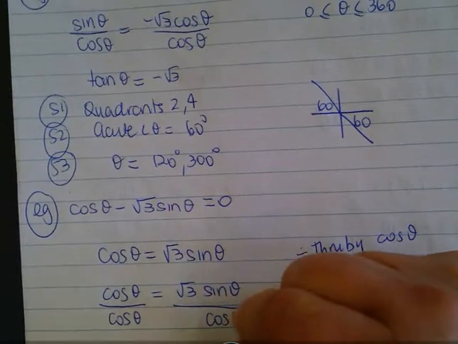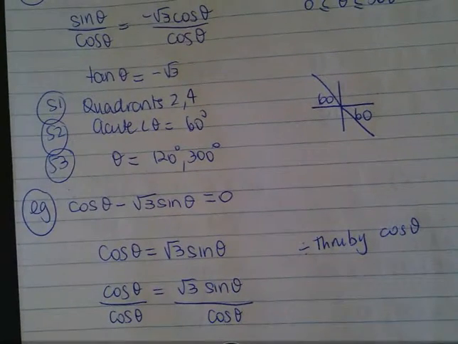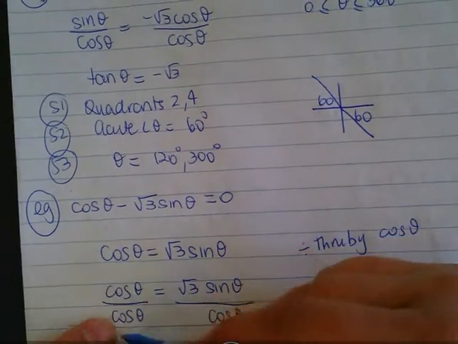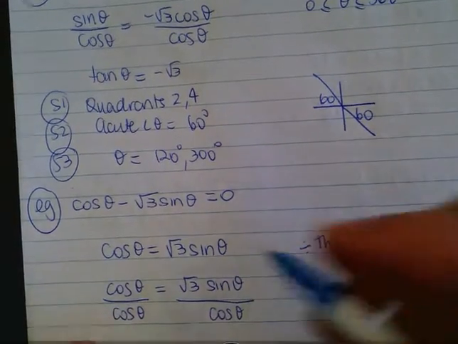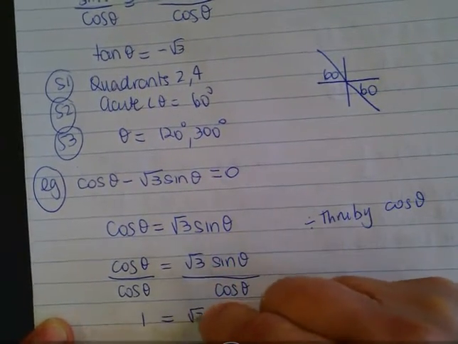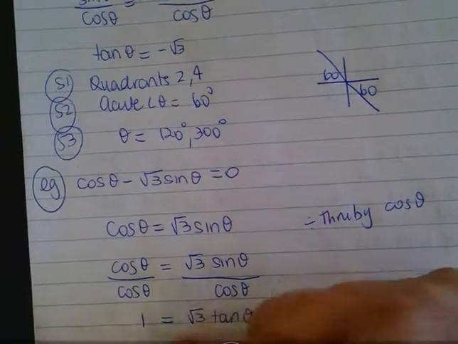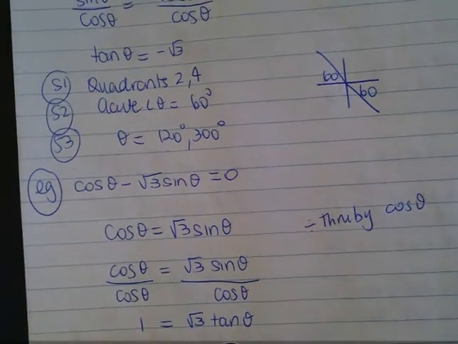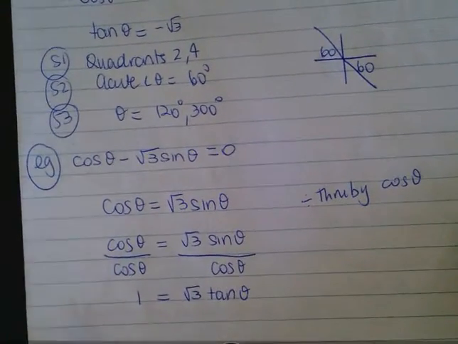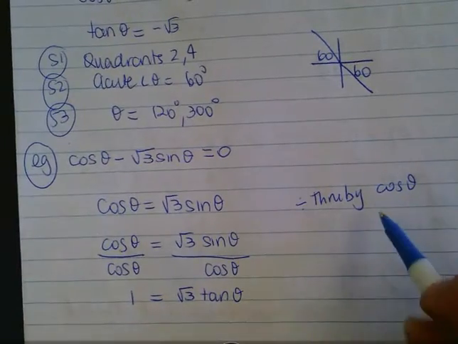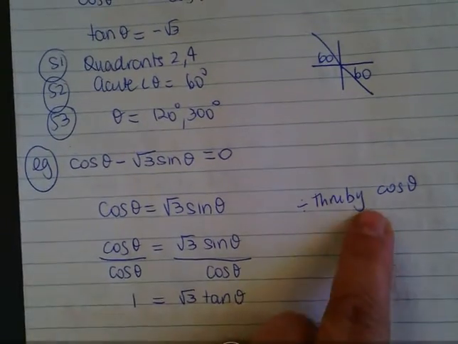You're going to get 1 equals root 3 tan, and that's fine. 1 equals root 3 tan theta. Now divide by. What we should have done is divide by root 3 cos theta, but it's okay, don't worry. So now I just divide by root 3. You okay with that? Next time you might want to divide by root 3 cos theta.